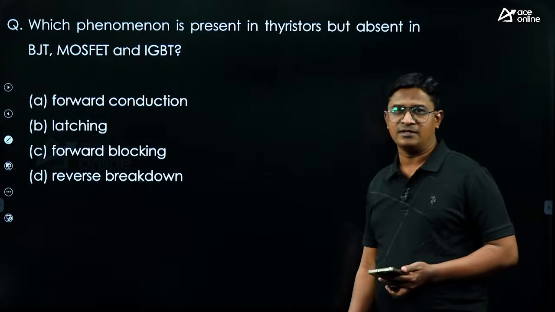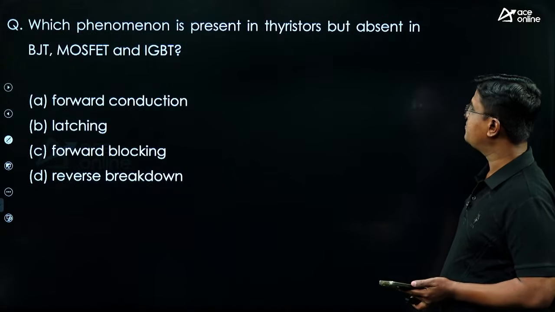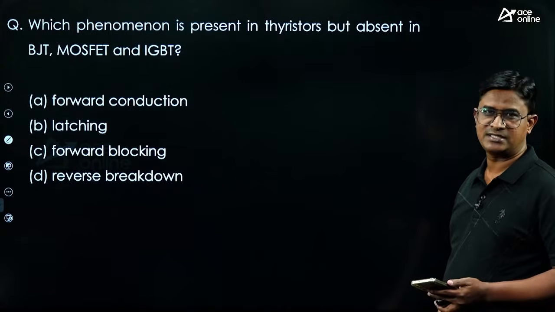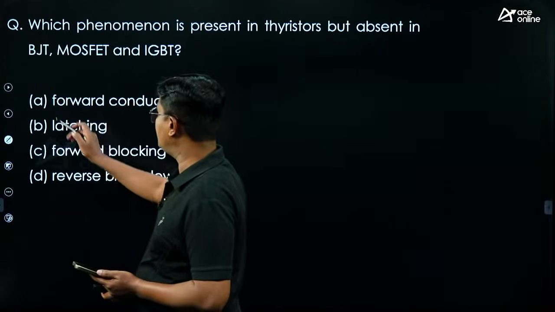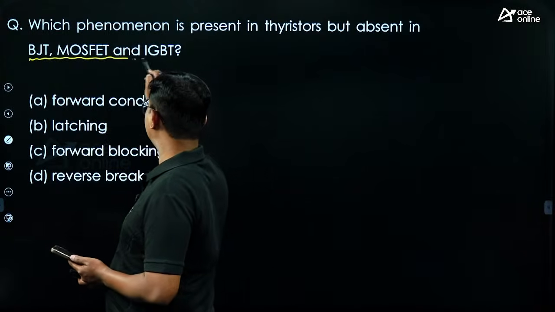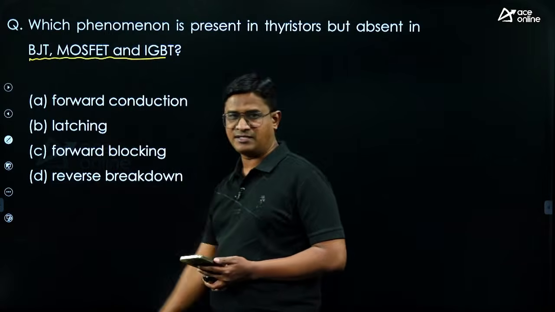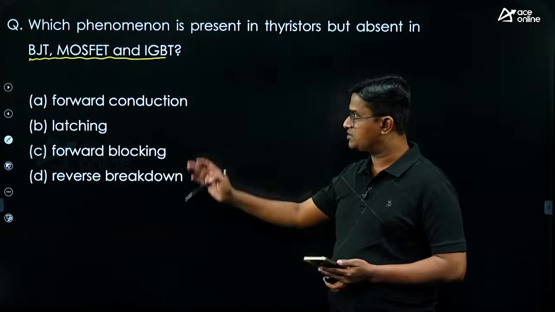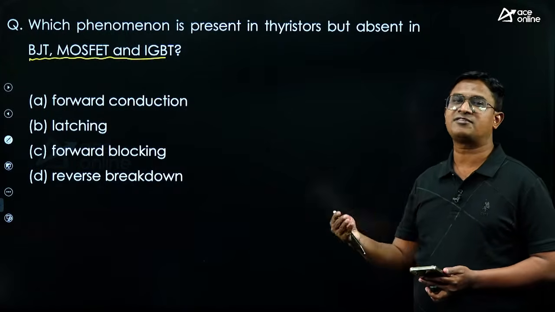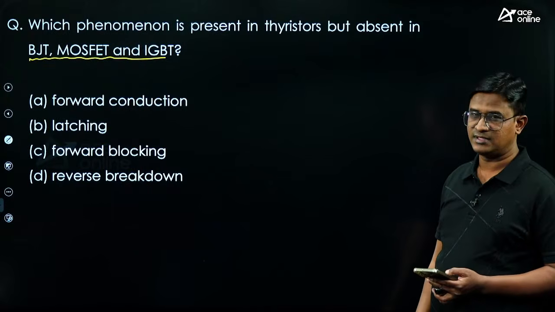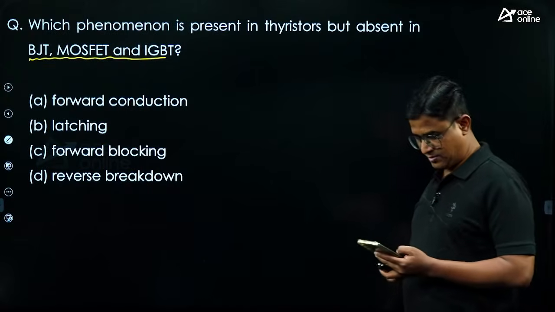Which of these phenomena is present only in thyristor family devices but absent in BJT, MOSFET, IGBT? These are your transistor family devices. Out of these four, which phenomenon is absent in transistor family devices? Yes, you can post your answers.